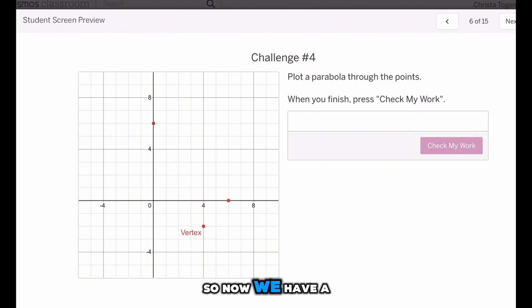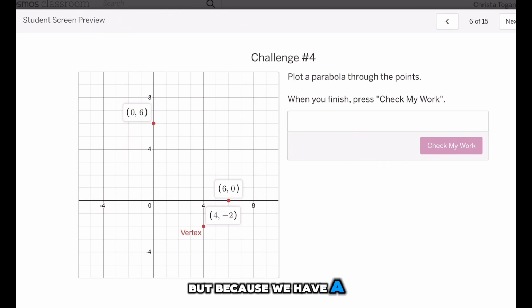So now we have a vertex, right? Which is 4, negative 2. And then we have an x-intercept at 6, 0. And then we have a y-intercept at 0, 6. There's all kinds of ways that you can think about this.